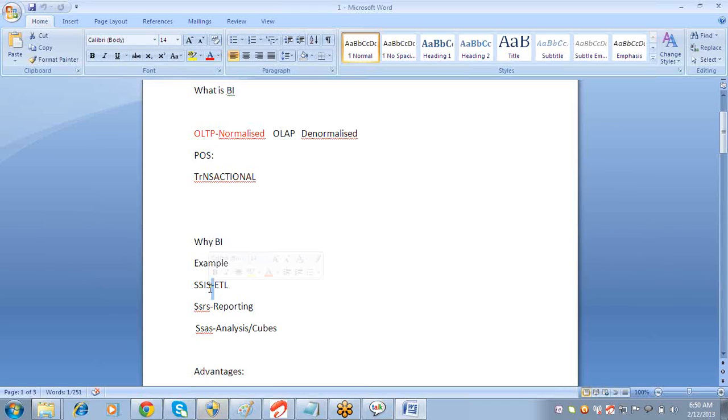So what we use SSIS for is just to consolidate the data, to transform. Why do we transform? In order to make it more understandable. Sometimes you don't need some information for analysis, like zip codes and all.